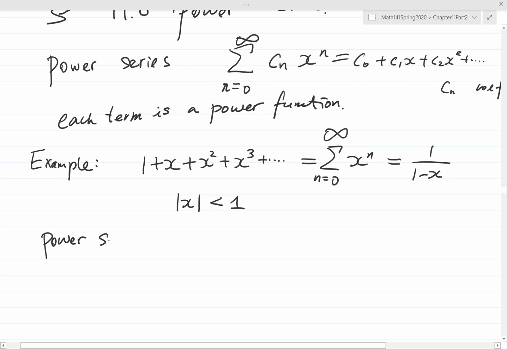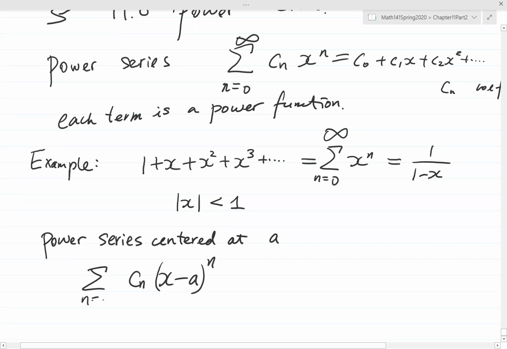So we get a power series centered at a: the sum of C_n times (x minus a) to the power n from 0 to infinity. So we translate x by a units. This is C0 plus C1 (x minus a) plus C2 (x minus a) squared, etc.